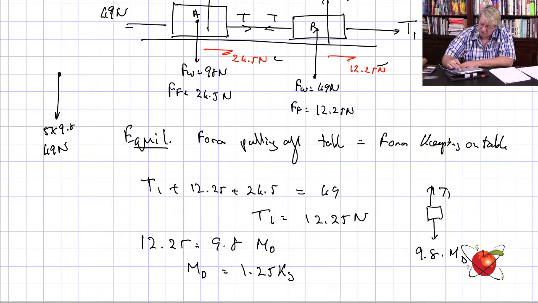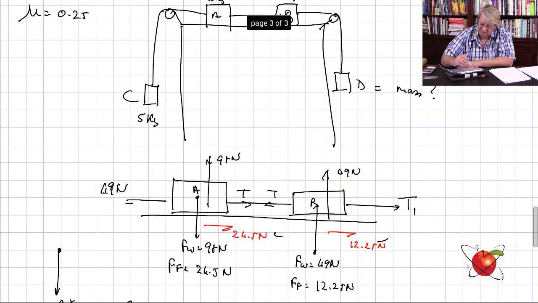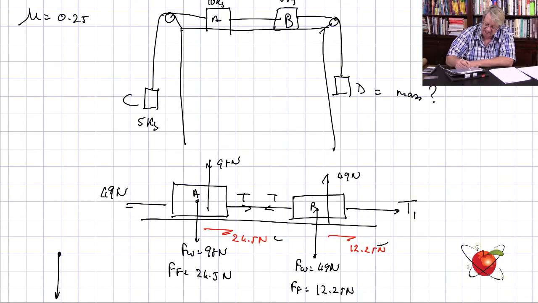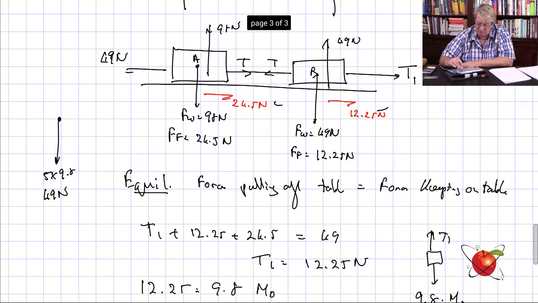Contrary to what most people think, that if I put 5 there I have to put 5 there, no, we don't, because friction is acting to stop us going off the table. So we don't need the full mass. If it was frictionless, then obviously they would be equal.